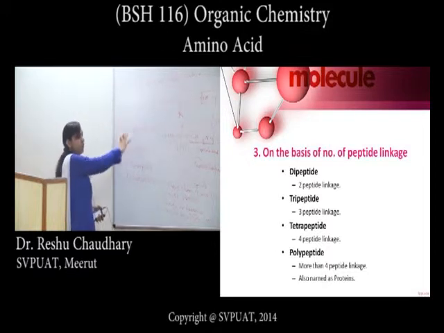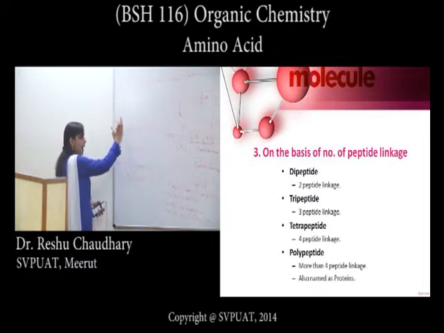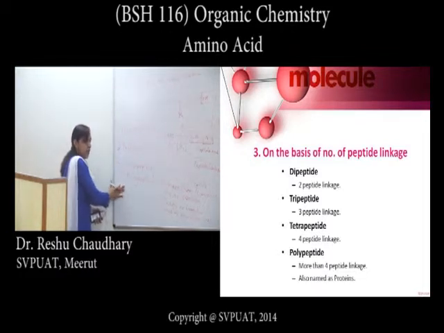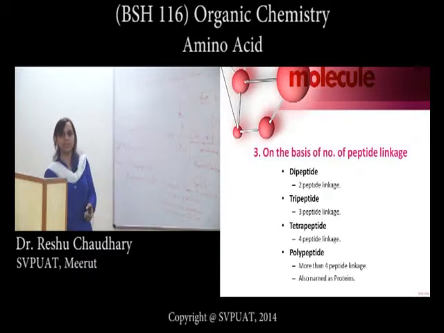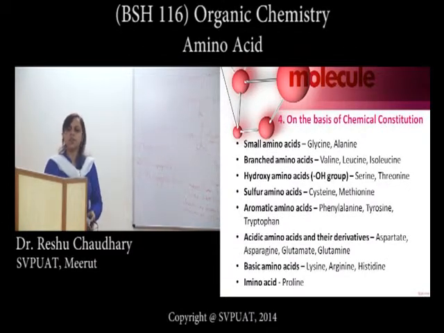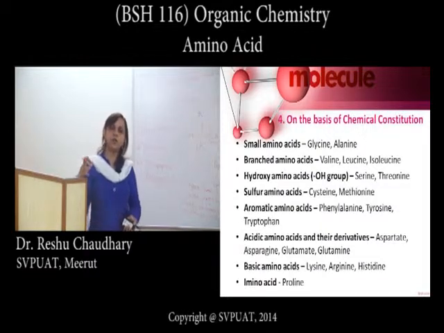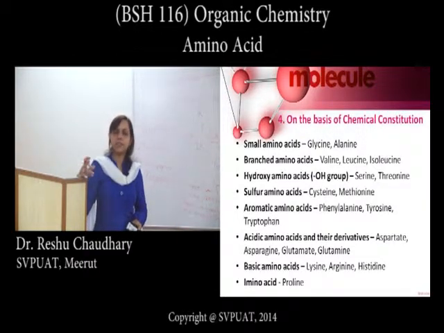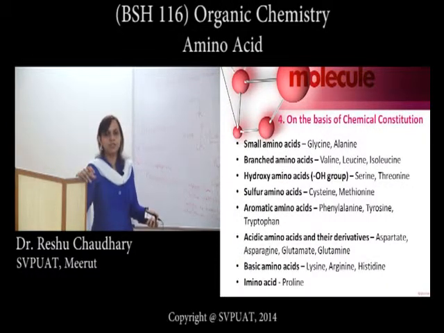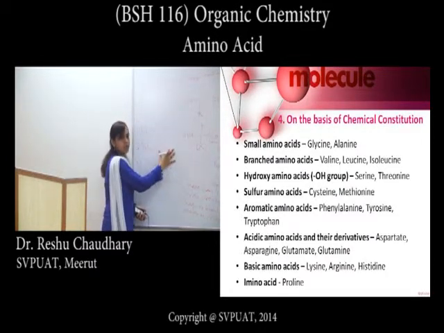And the third one is on the basis of the presence of peptide linkage in their structure. This can be dipeptide, tripeptide, tetrapeptide and polypeptide. Polypeptide is also named protein. These can be branched and linear. There are other categories by which we can classify amino acids. These can be polar or non-polar, acidic and basic, aromatic amino acids, aliphatic amino acids, branched amino acids, linear amino acids. So the main categories are these 3 types.